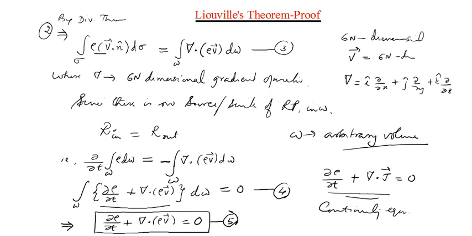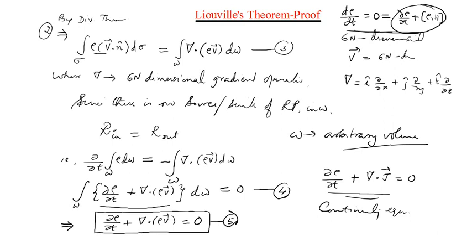Hope you remember the mathematical form of Liouville's theorem. It states that d rho by dt is equal to 0. D rho by dt can be shown, and I will be showing it in the next video, as equal to dou rho by dou t plus the Poisson bracket of rho with h. So here you can see that instead of this particular thing being equal to 0, we have got equation number 5.